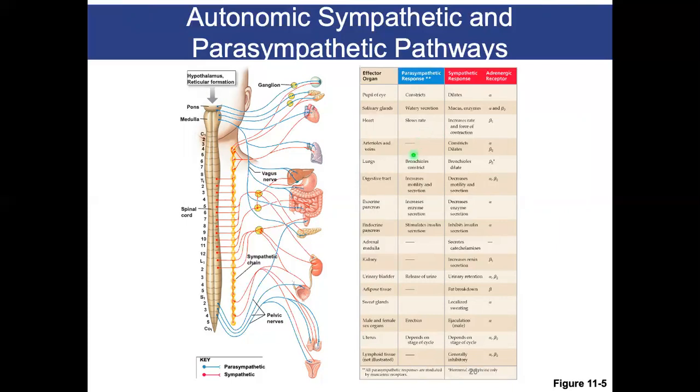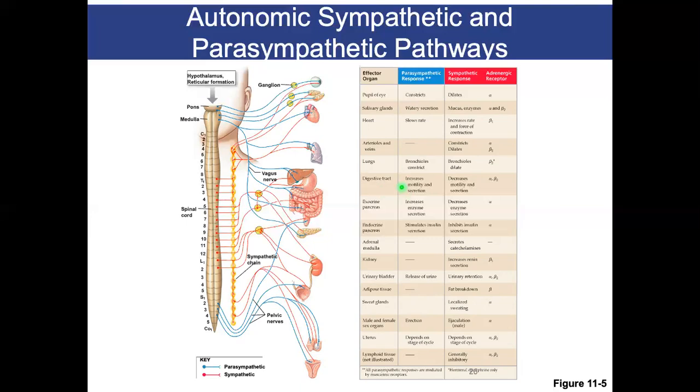Take a look at the lungs. Actually, no, sorry, let's do digestive tract. Right below lungs. Digestive tract, so if you notice that when you are resting and digesting, which nervous system is paramount or dominant? It's going to be your parasympathetic nervous system. And so it's going to increase motility and secretions.